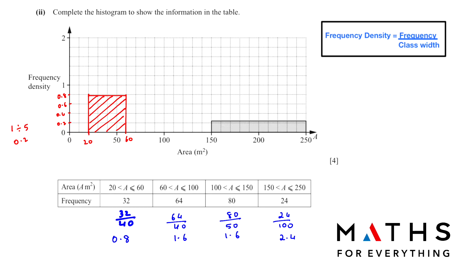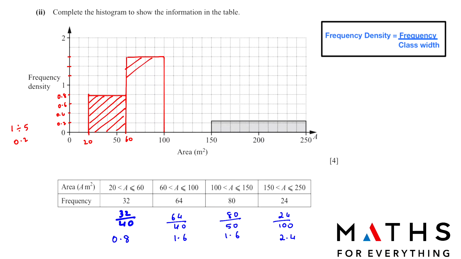The second bar is 1.6. Same way we will count: 1, this will be 1.2, 1.4, 1.6. And it's from 60 till 100. We are done with the second bar.